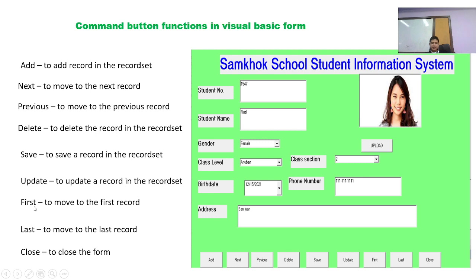Next is the First button. You can see it will move to the first record. So once you click First, this will move to the first record. Okay, it will display the first record. Next is Last. So it will move to the last record.